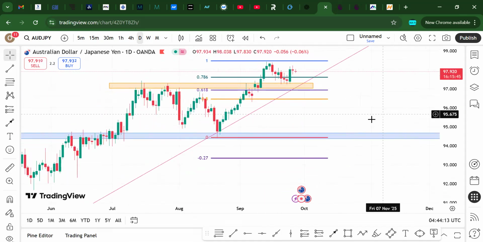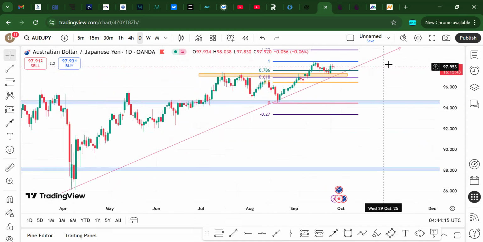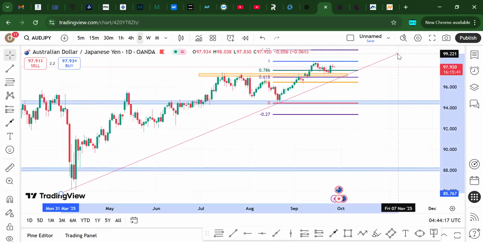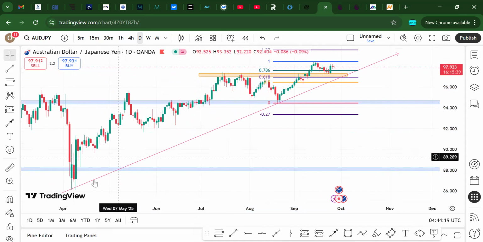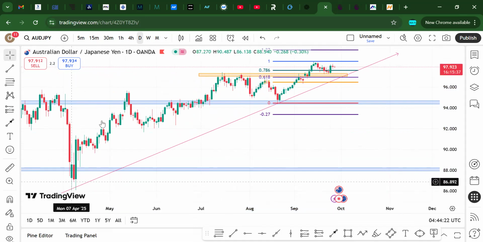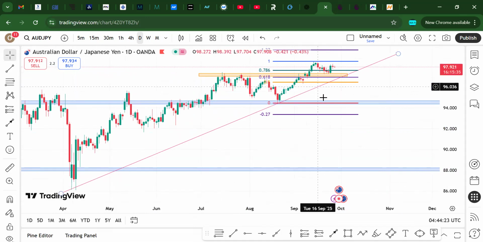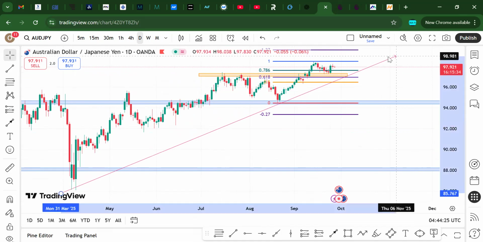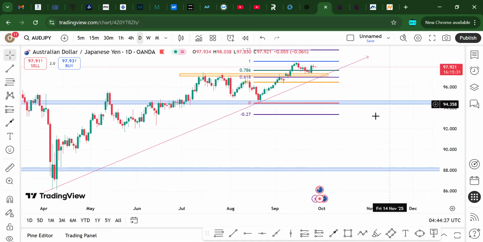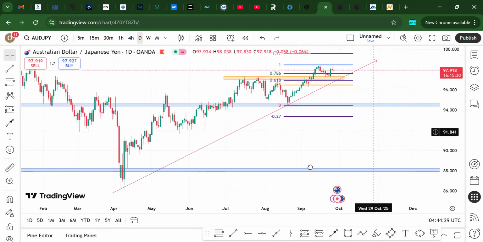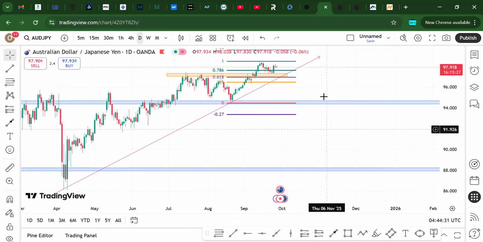Now from this particular time frame, let's adjust this. We can see that the market has made two big touches on this trend line, the major trend line from the weekly time frame. What does this mean? We always say that the third touch of the trend line does the trick.